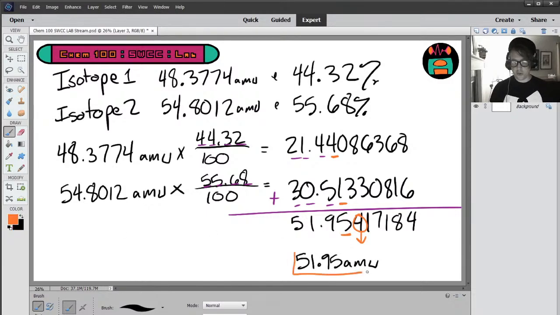So that's how you calculate the atomic mass given the isotopic masses and the percent abundance for each isotope. Let me know if that makes sense.